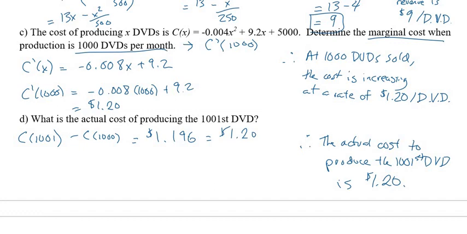Remember we said that's the rate of change for a particular number of units sold. So when we talk about marginal cost, marginal revenue, marginal profit for x number of units, let's say we're going for 1,000 units, we're asking ourselves, what is the change in cost when we go from 1,000 units to 1,001 units?